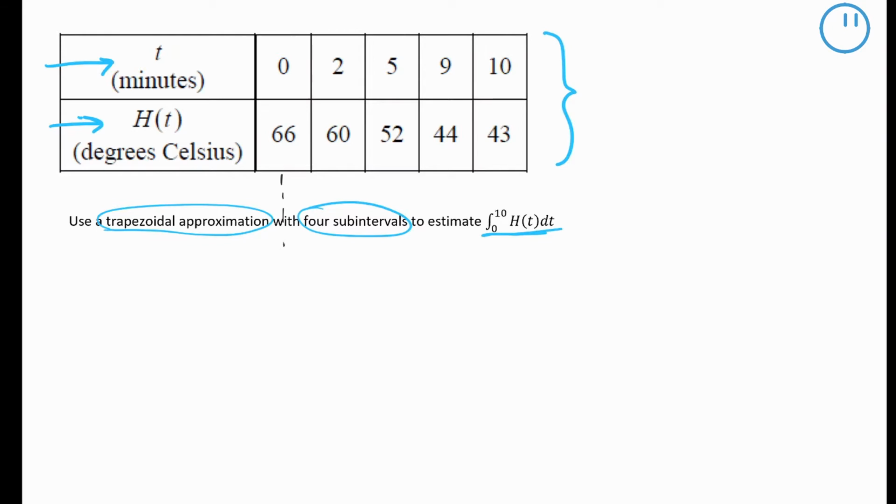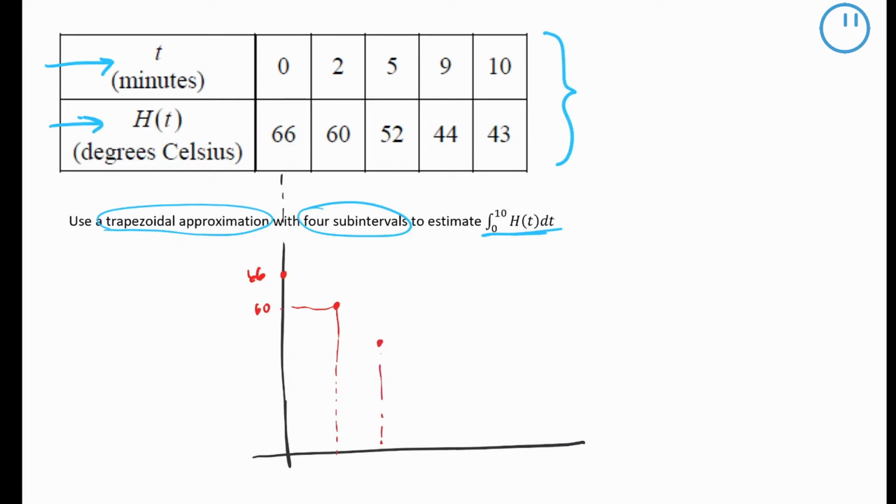And so this is actually very similar to a midpoint Riemann sum, and I'll show you what I mean by that. Once again, let me draw out this graph here, and I'm just going to be very approximate. At 0, we're at 66, and then at 2, we're maybe at 60. At 5, we're at 52.